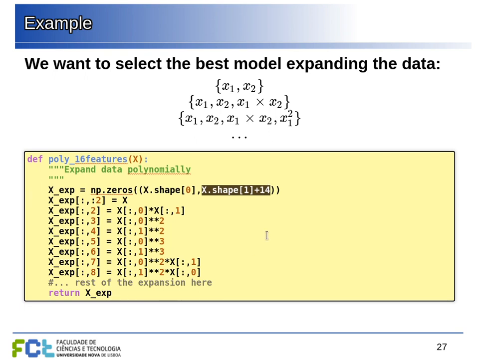So these will be the expansions we will add. And we will just copy the original data into the first two columns, but then we're going to add a third column with the product of the two features, then a fourth column with the square of the first, another with the square of the second, then the cube of the first, then the square multiplied by one of them, and so on.